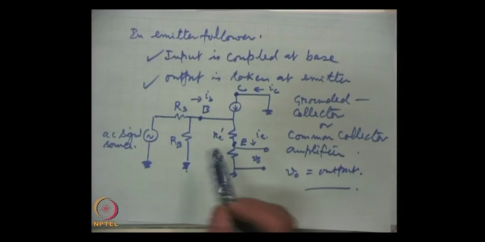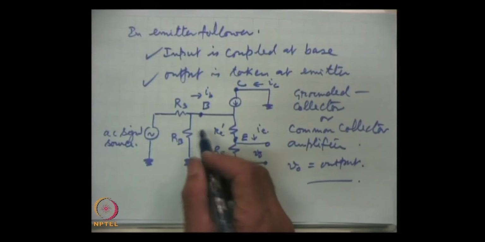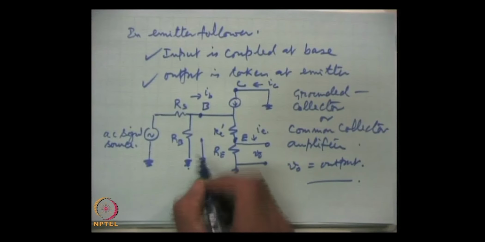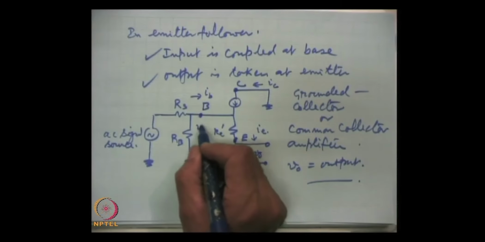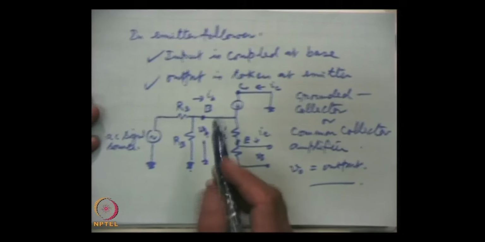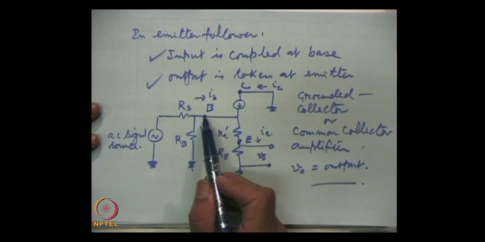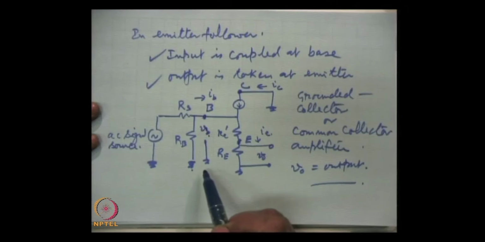Now, this circuit, as far as the input goes, this voltage is V B. What is the potential at which the base terminal of the transistor is with respect to ground?